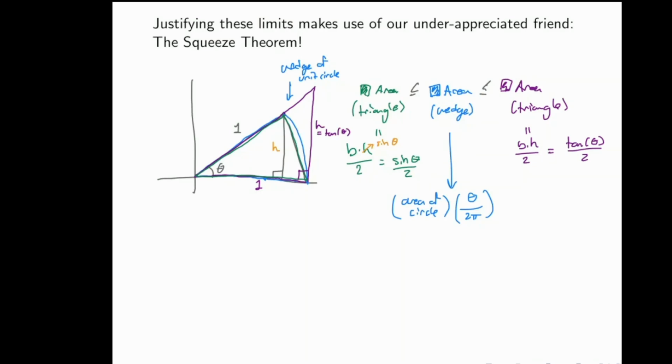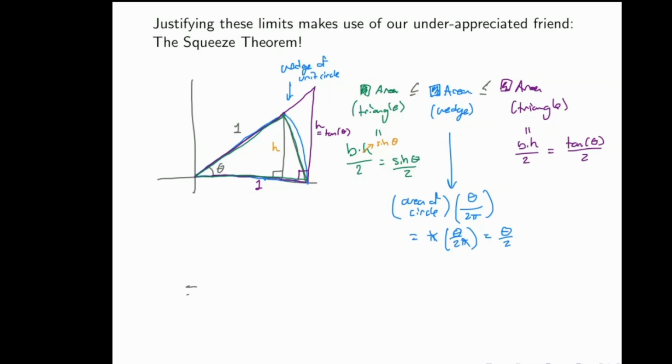But what's the area of the circle here? We have a unit circle, so the radius is 1, and the area of a circle is pi r squared. So we have pi times r squared, but r is 1, times theta over 2 pi. And we see we get some cancellation here. In fact, the area of this wedge is simply the angle divided by 2.